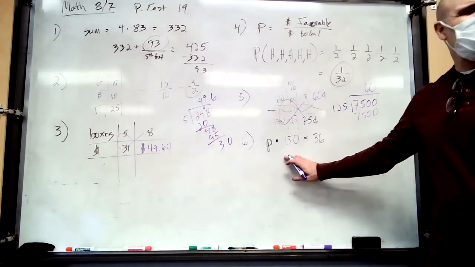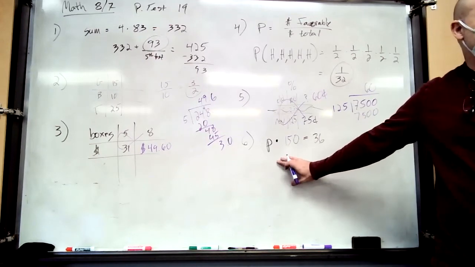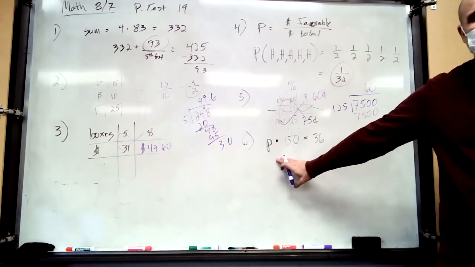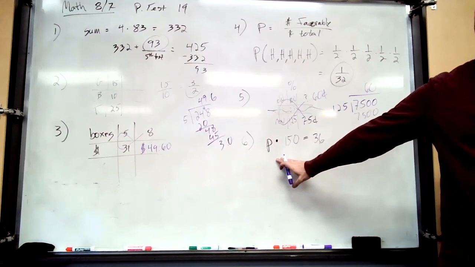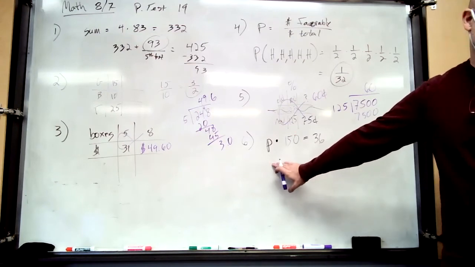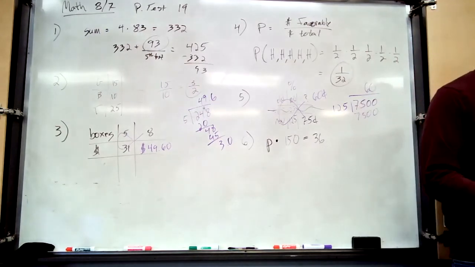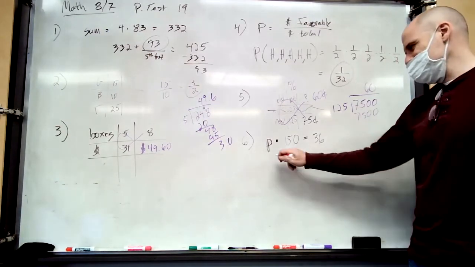All right. So how do you get P by itself? How do you solve this equation? What's happening to that P? It's being multiplied by 150. Wow, that's a lot of P. So how do you get rid of the 150 that's being multiplied? You divide.